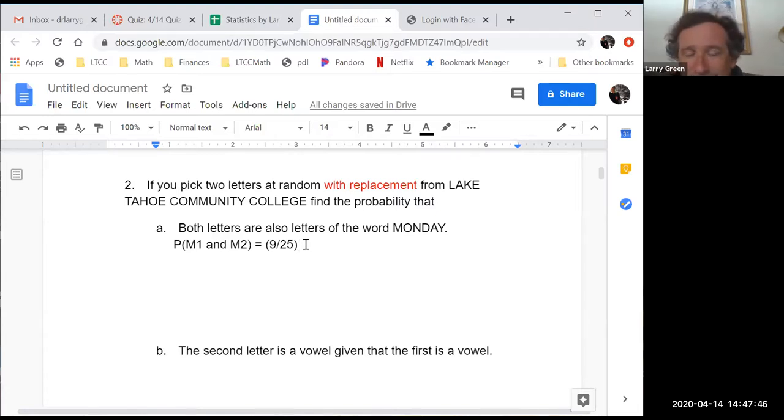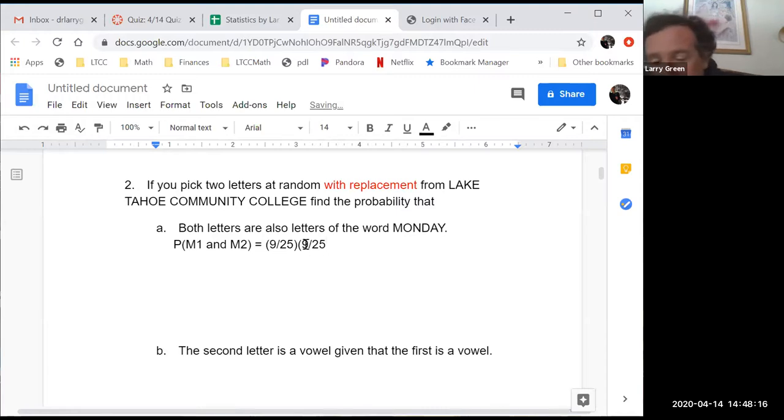Looking for a fraction here. What's the probability the second letter is of the word Monday? The hint is it's really easy. Yeah, it's 9 over 25 again. By the way, 4 can never be a probability because that's bigger than 1. It's 9 over 25.